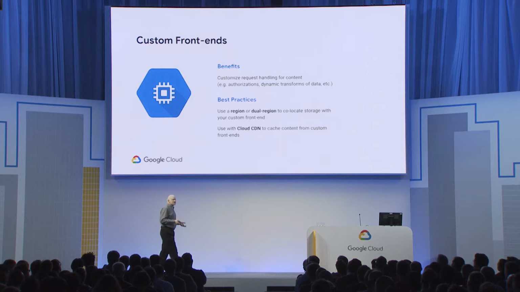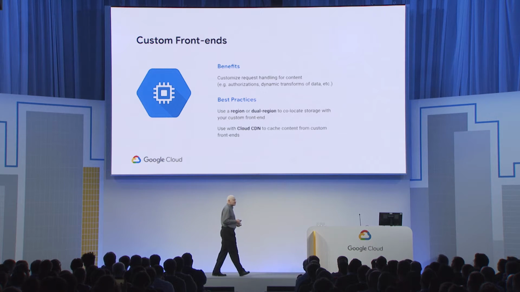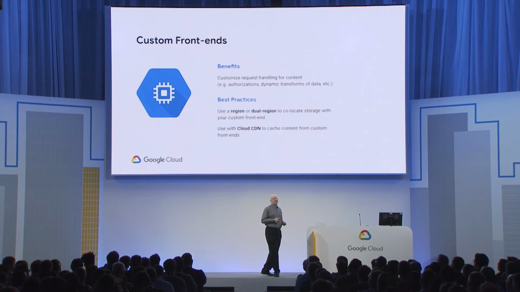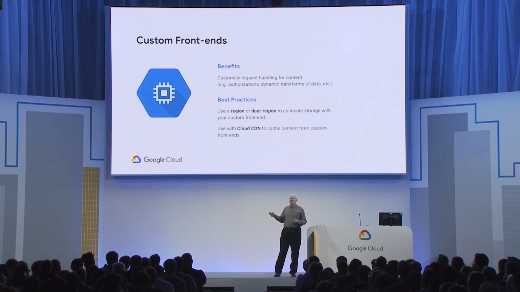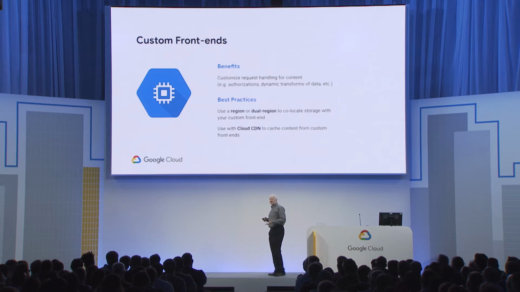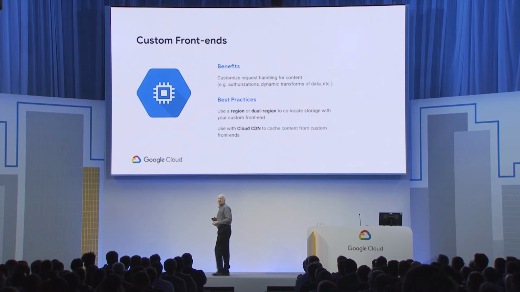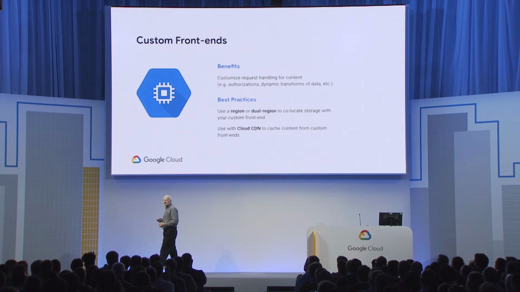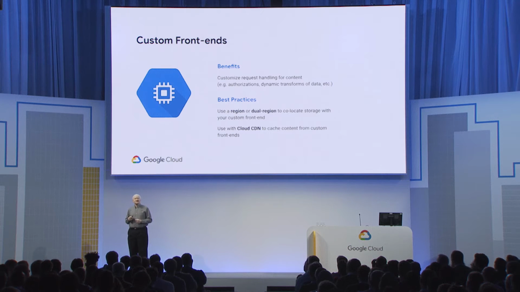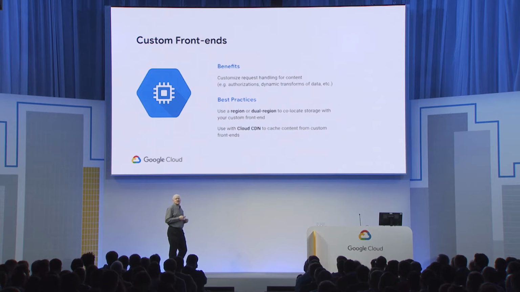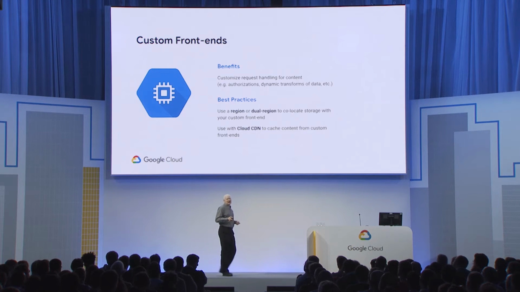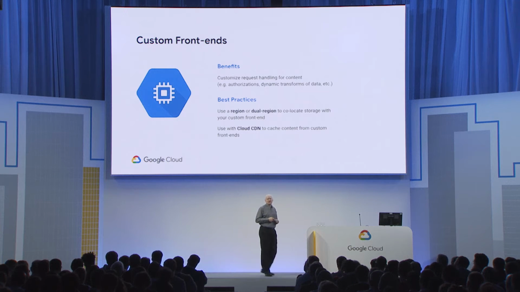Third option is to build a custom front end, right? And we often see this pattern used when you need to do some pre-processing of GCS data before you make it available. So often you might have a process that's running in GCE or in Google App Engine, and that process is receiving the data coming out of GCS, is doing some kind of processing of that data, and then serving it up to the edge.